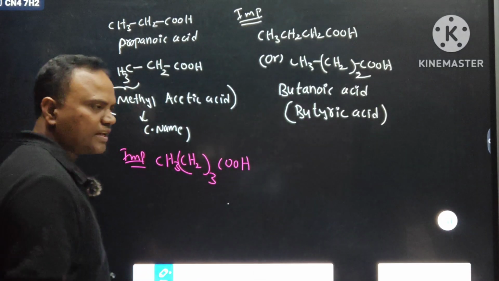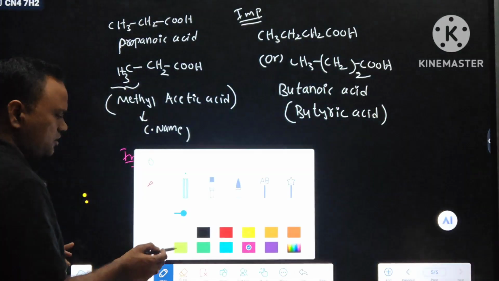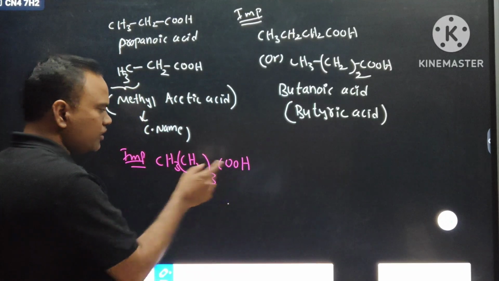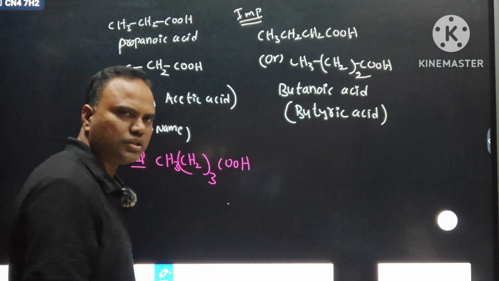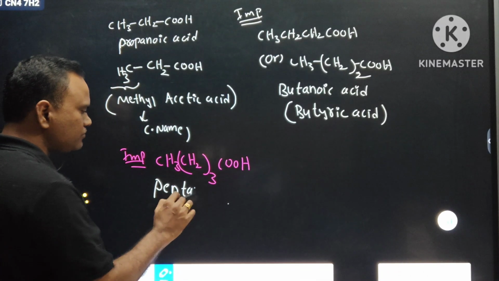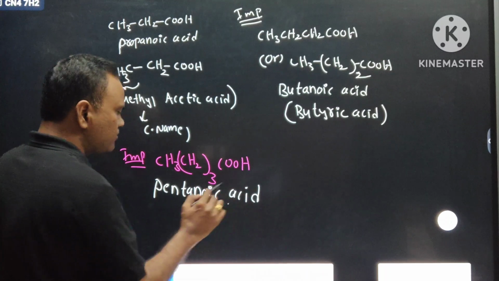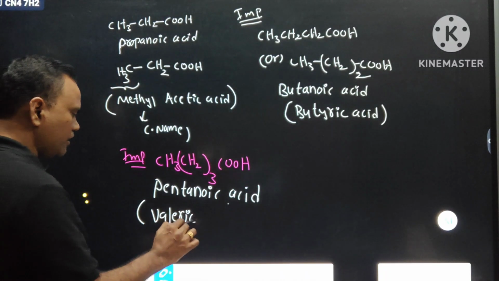It is present in the valerian plant. The IUPAC name is easy only: pentanoic acid. 5 carbons are there. 1 carbon here, 1 carbon here, 2 in the middle, 3. Total 5. Pentanoic acid. Valeric acid.